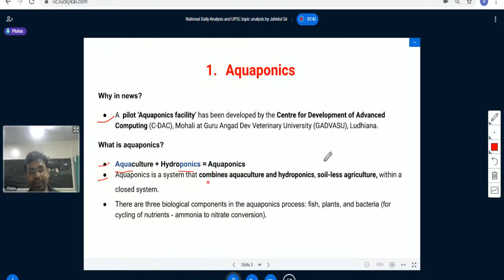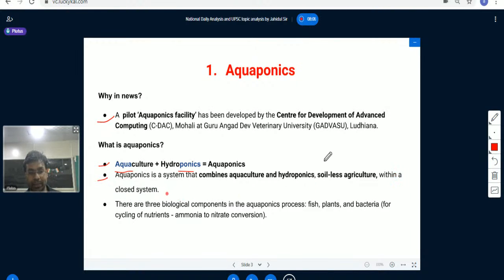Aquaponics is a system that combines aquaculture and hydroponics, and hydroponics is a soil-less agriculture, meaning a kind of agricultural practice where we do not use soil. It is within a closed system, not an open-ended system.